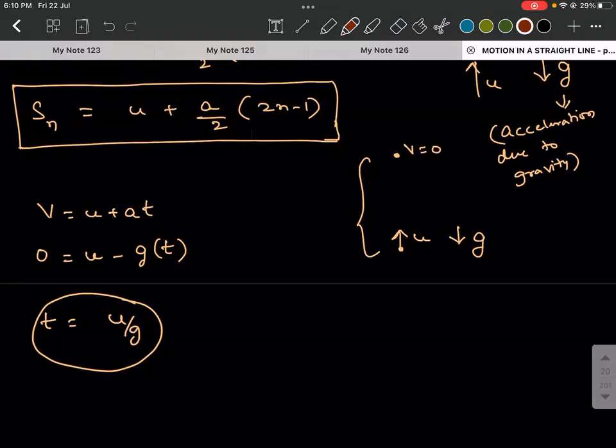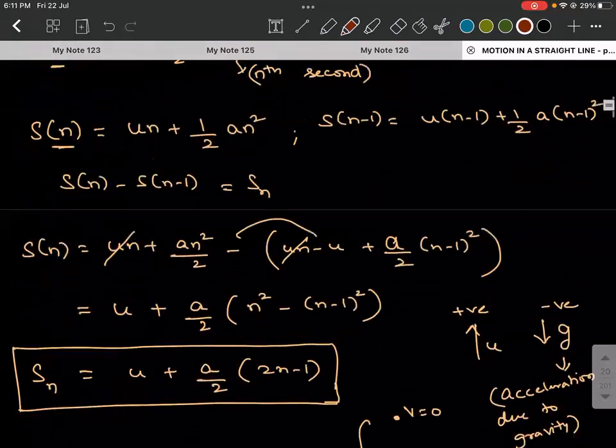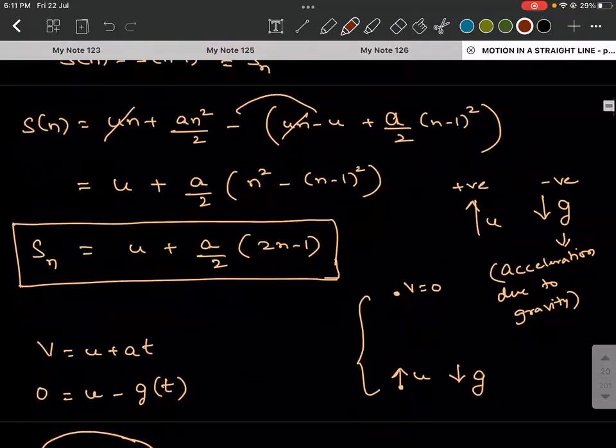You know what I wanted to actually find is, I wanted to understand where the particle is at the 5th second and where the particle is at the 6th second. But the data given here is insufficient. It's not helping to solve. So u plus a by 2 into 2n minus 1. Just a minute, let me check.